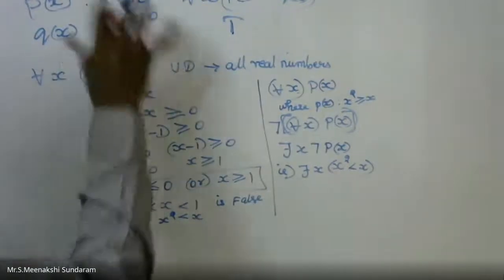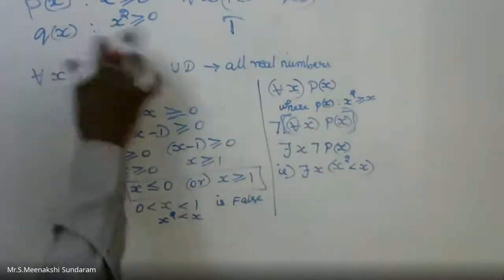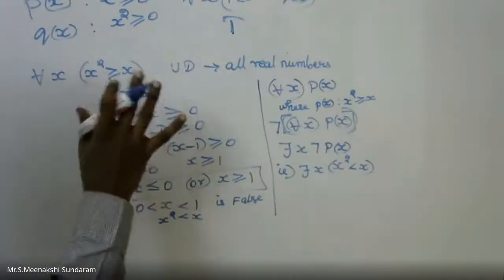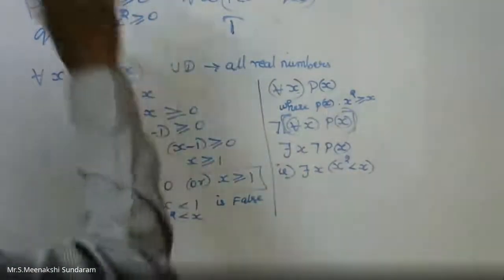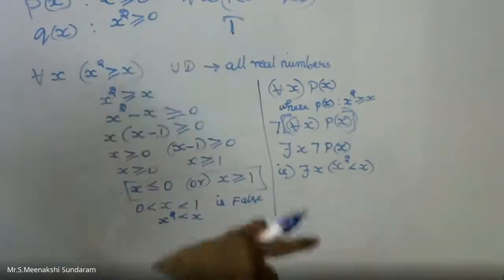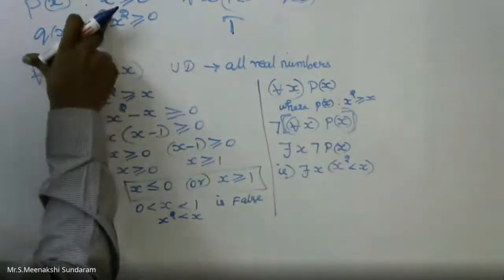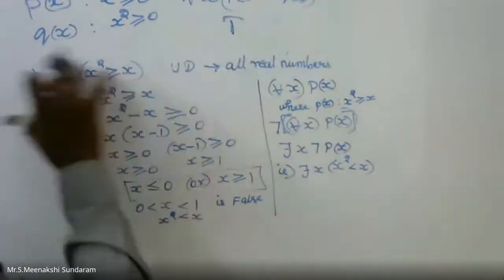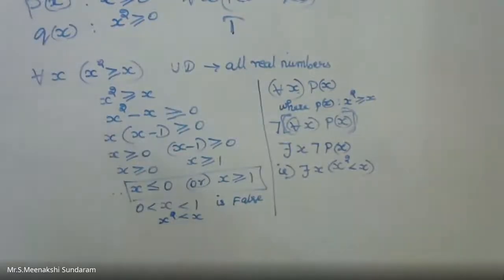X square is greater than or equal to 0 alone. Whether x is less than or greater than 0 is not discussed, whether positive or negative, the square is always positive for real numbers. If complex numbers were given, i square would be negative. Here the universe of discourse consists of all real numbers. Therefore the truth value of the 16th question is true.